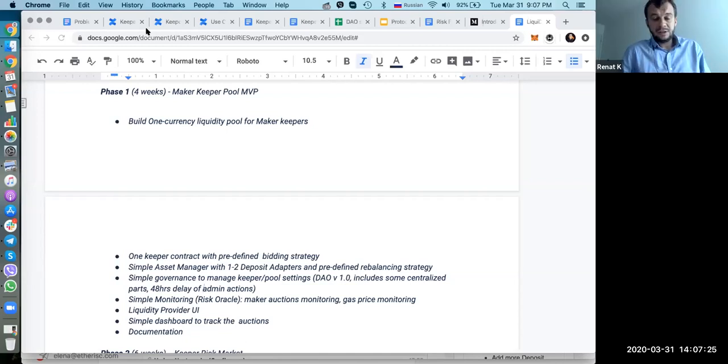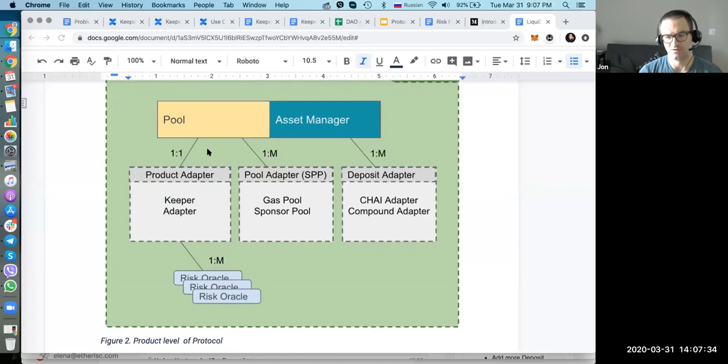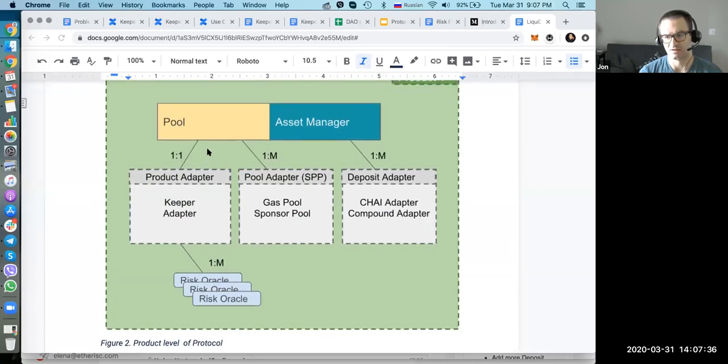That's fine. Well, back to Elena's structure, there's an asset manager component, so different strategies can be designed. A lot of this comes down to how people view this as an allocation in their portfolio. You can just have this as something where you have an existing set of DAI that you were going to set aside, and you think this is a good way to get good yield on that DAI. At default, we'll at least put the DAI in the DSR.